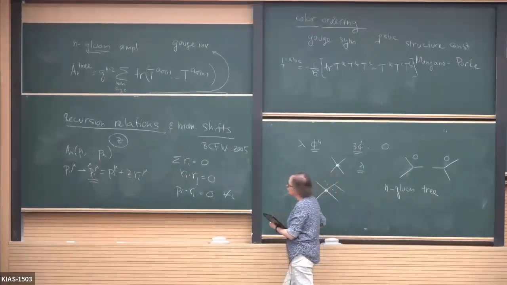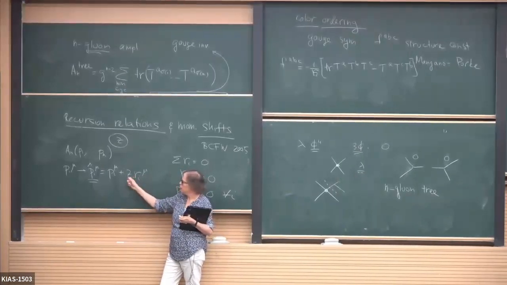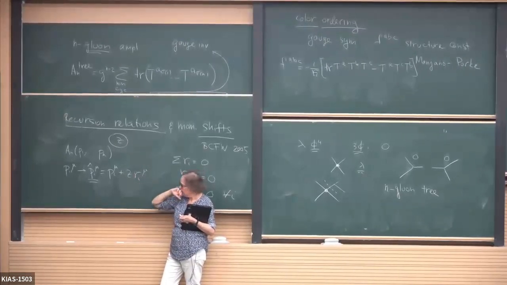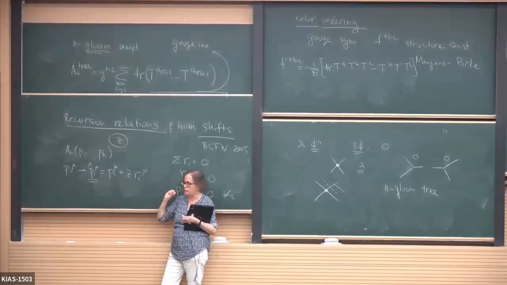Now, in principle, we can make any number of shifts here, right? Because I can choose this R in many, many ways. And typically what you do is you don't necessarily shift all the momenta, you just shift some of the momenta.